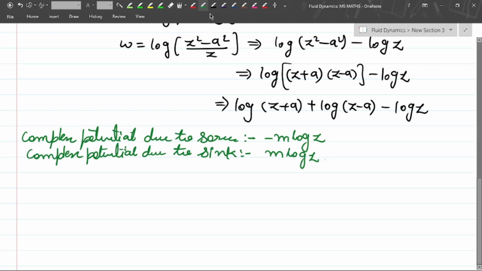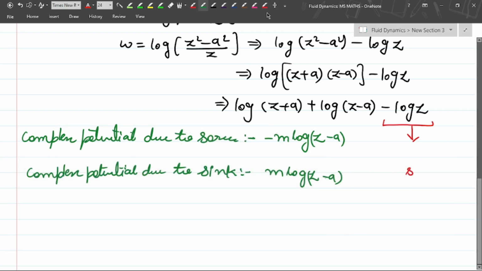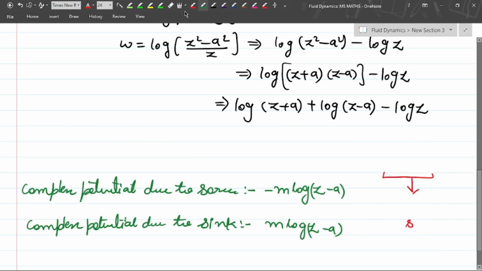Now, if we compare, this is z minus a, and this is z minus a. If it is z minus a, then it is nothing but the complex potential function at a comma 0, and this is at a comma 0.